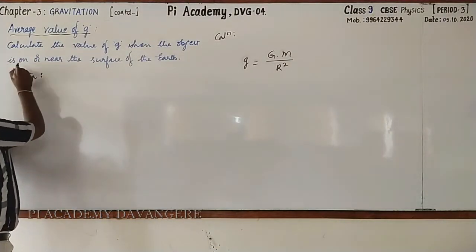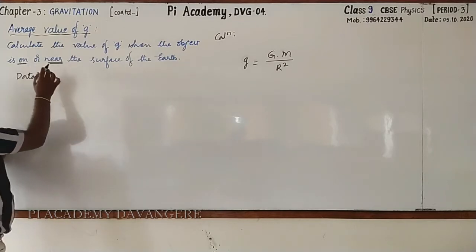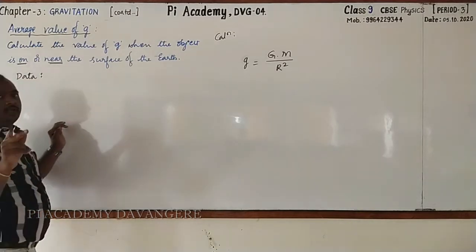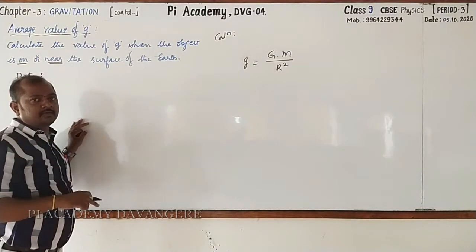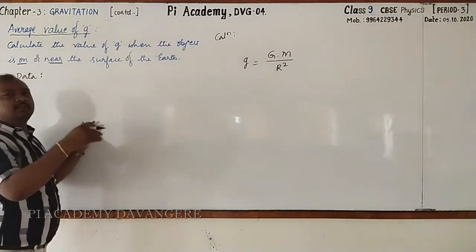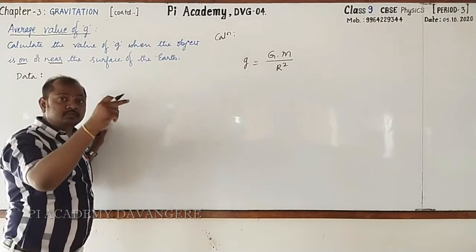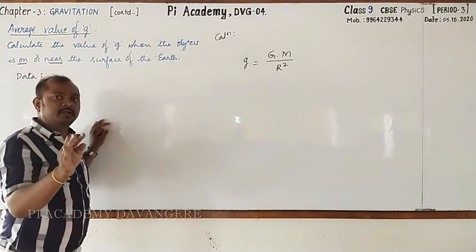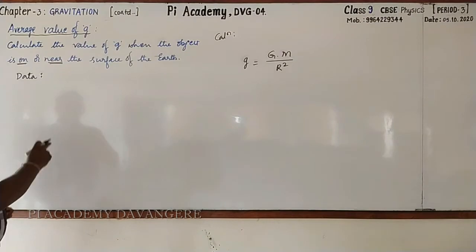See that, here the object is placed on or near the surface of the earth. When the object is on the surface of the earth, its distance from the center will be the radius of the earth. When the object is near the surface of the earth and the distance from the object to the surface is negligible, there also we will consider the radius.